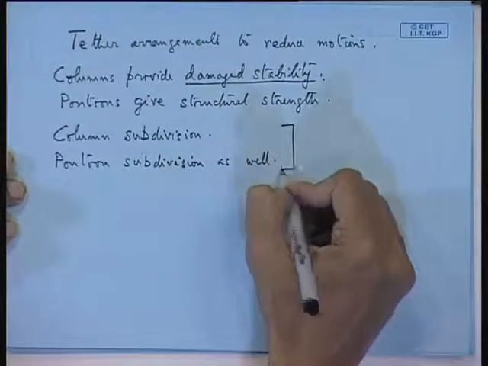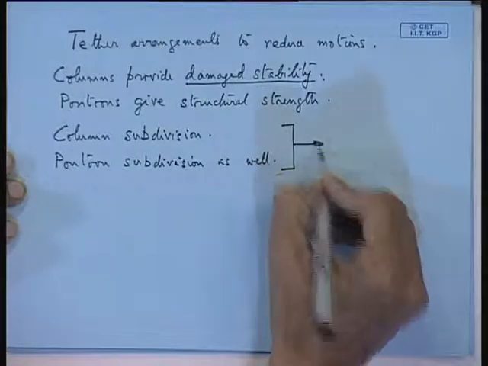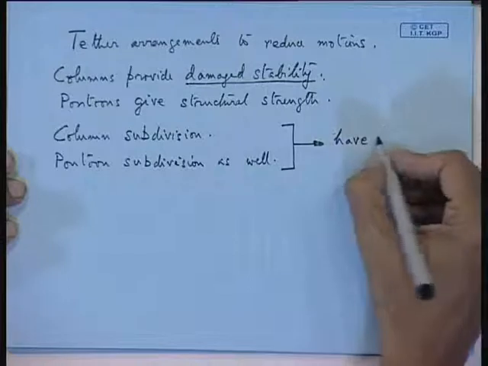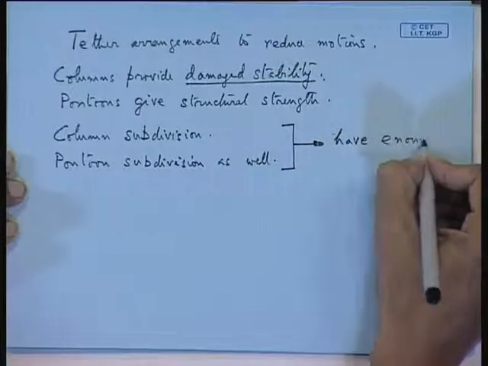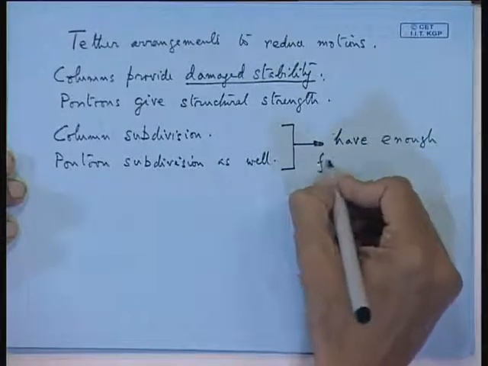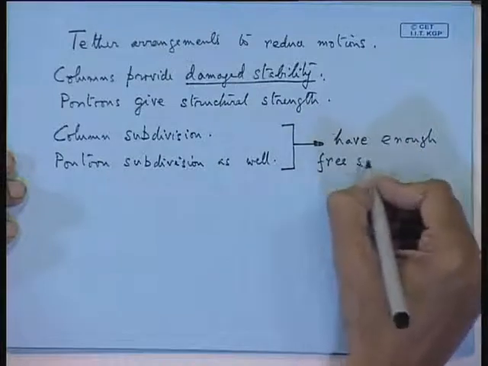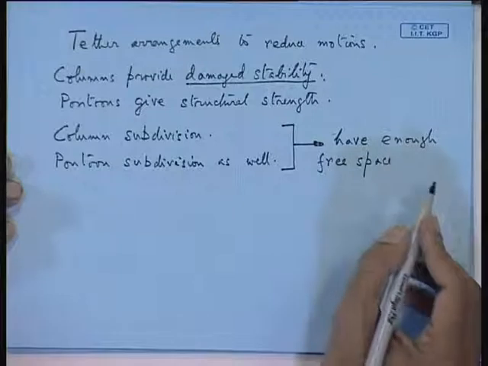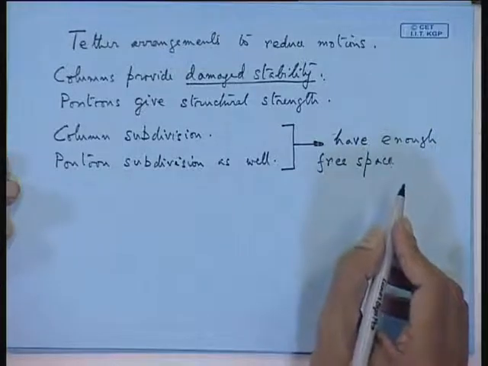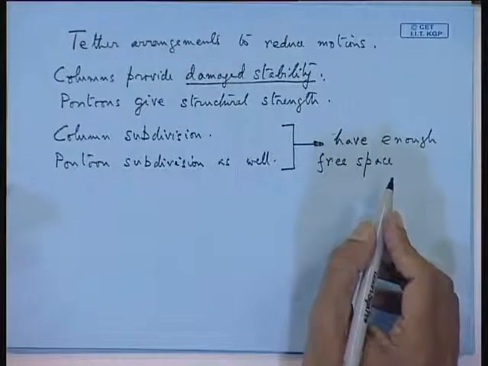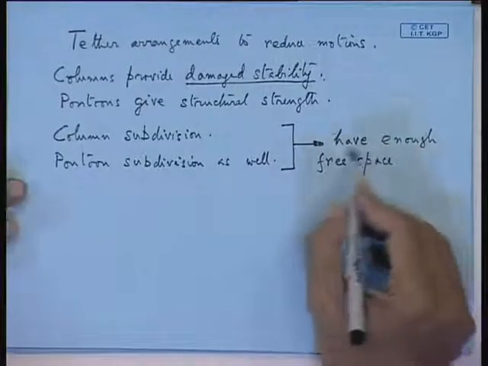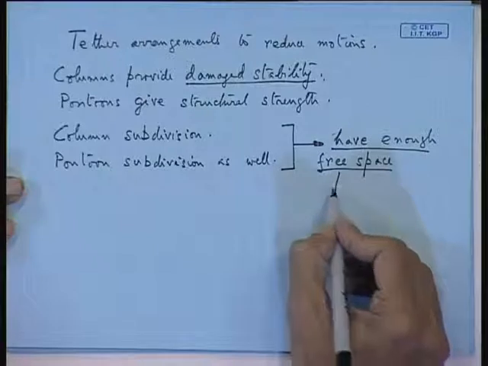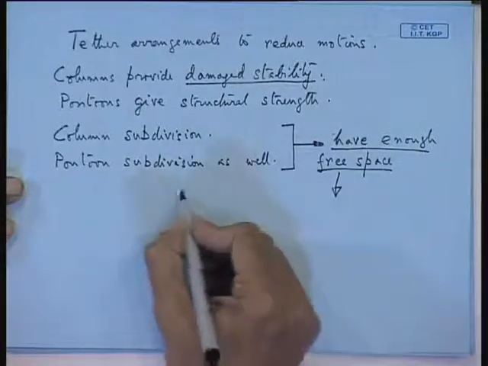Now, these two have enough free space. Now, why is this coming? You find in a TLP you have a lot of free space, or abundant space. This is because a large amount of buoyancy has to be provided.